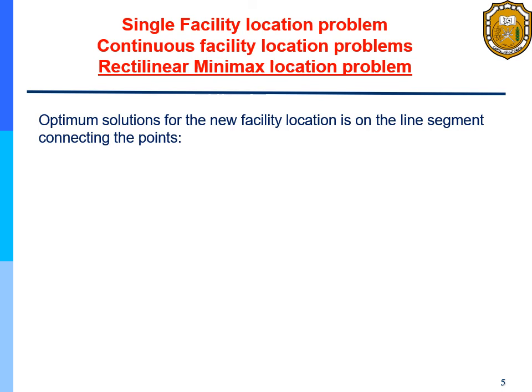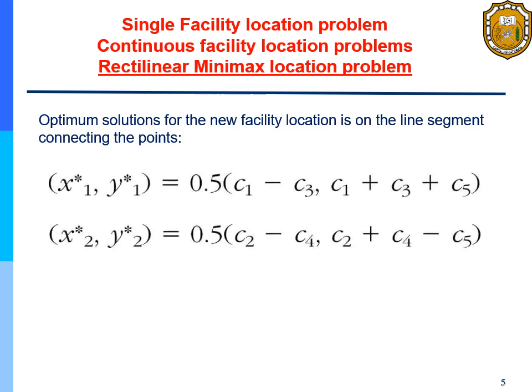Then, when you calculate C1, C2 up to C5 in this way, the optimum facility will not be in a single location, but it will be on a line segment connecting 2 points.